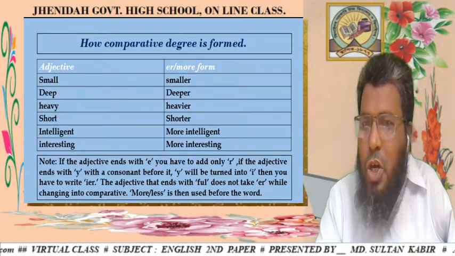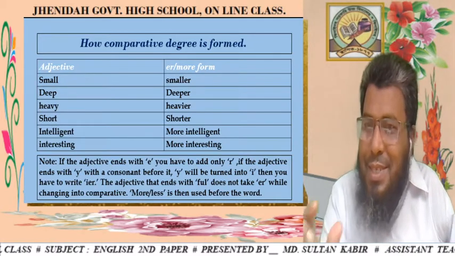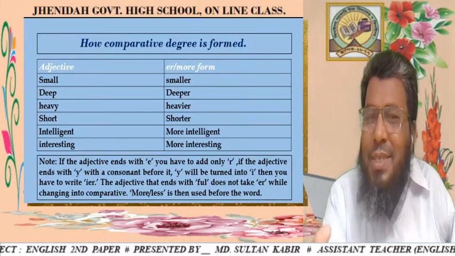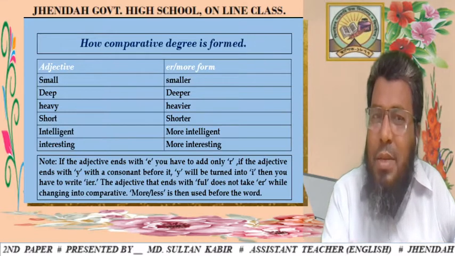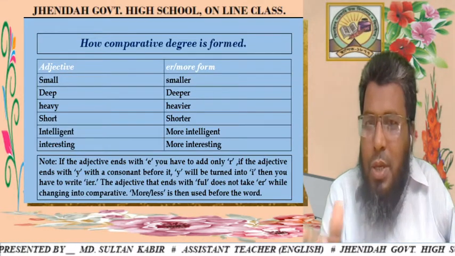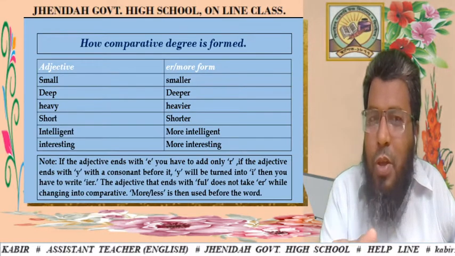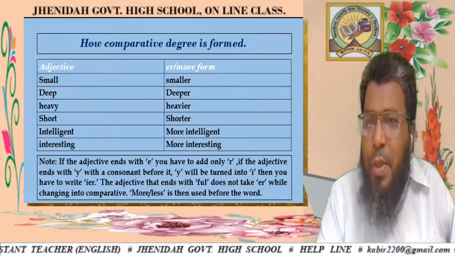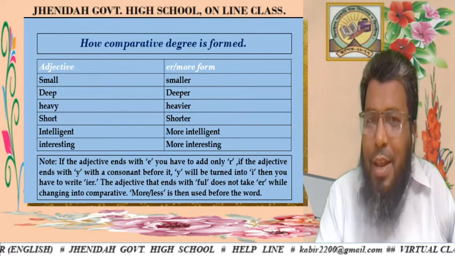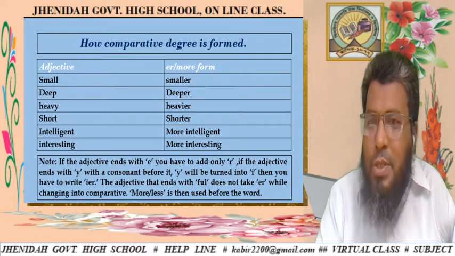Now short, shorter, intelligent. Look at the adjective intelligent. Here, intelligent has at least three syllables. That is why we add more before the adjective intelligent. Interesting, likewise, more interesting. Here are the notes for it.